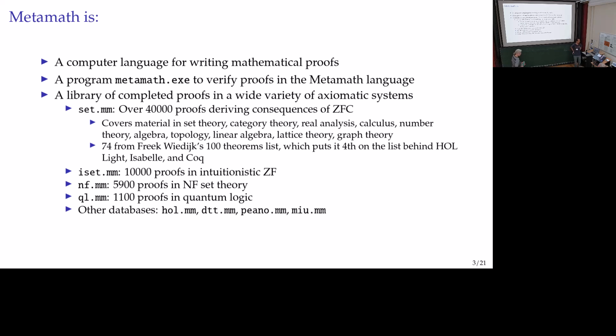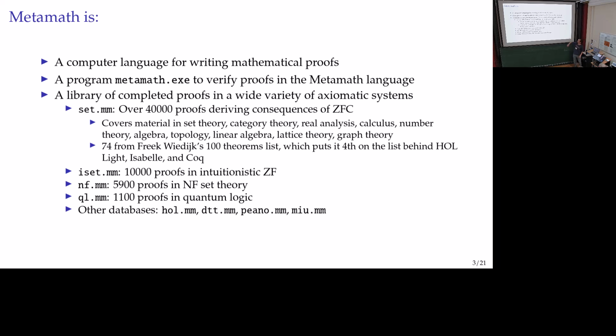This does a bunch of theorems in ZFC set theory, and so this has a bunch of interesting theorems from a bunch of different areas, we saw it previously on Freek's list of theorems.